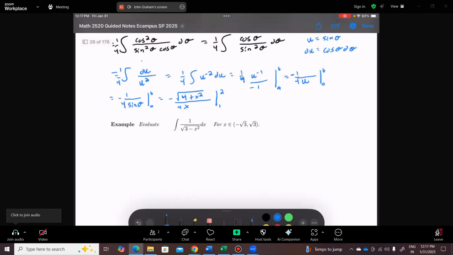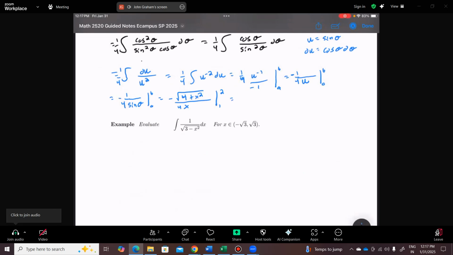Right, so we evaluate at 2. Negative square root of 8 over 8. And then for 1, do it minus a negative, so it'll be plus square root of 5 over 4. And then we'll get a common denominator.